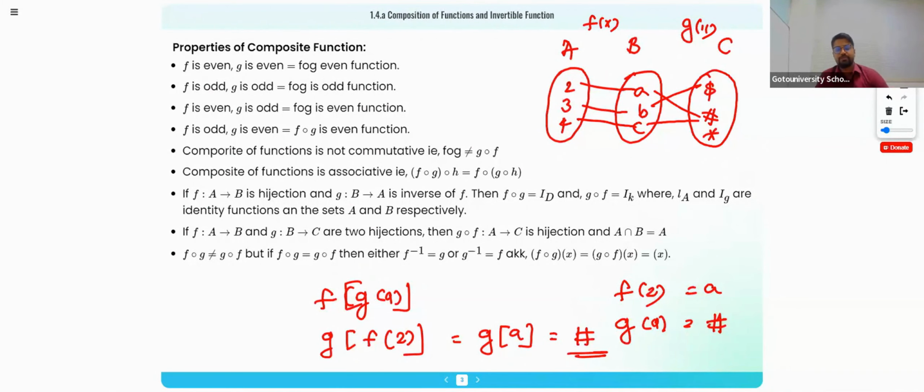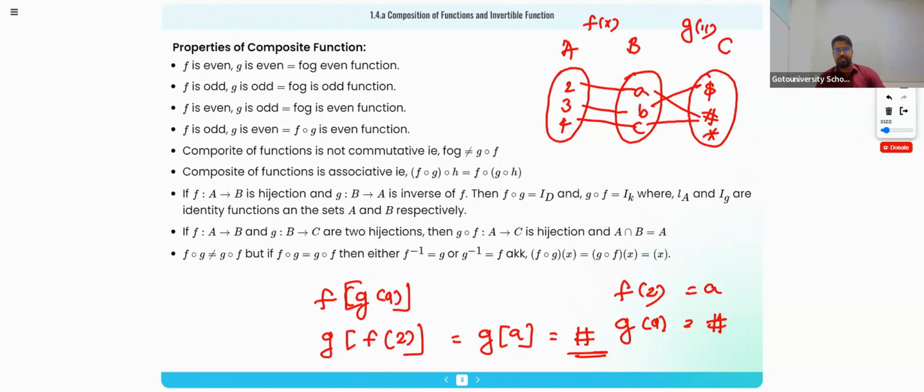This is how the composite functions work. So if I want to get the reverse direction, I need to have a reverse relation also. So I'm going to show only one-way direction from f of x to g of x. Okay. So yes, you can read these pointers quickly. I'll explain this as well.